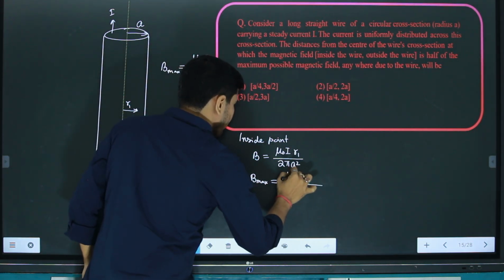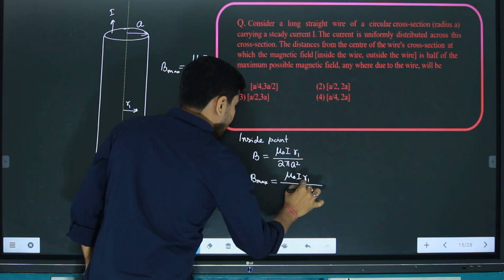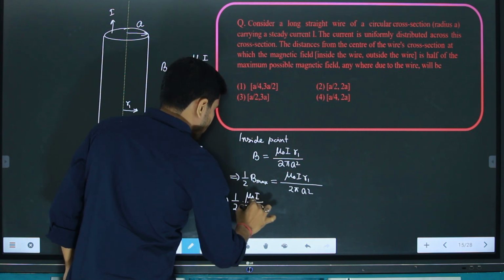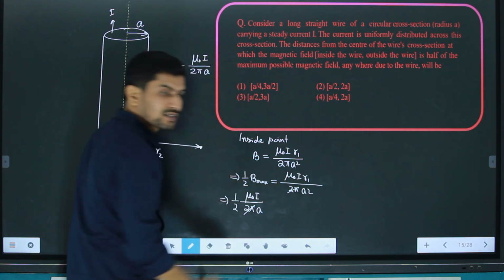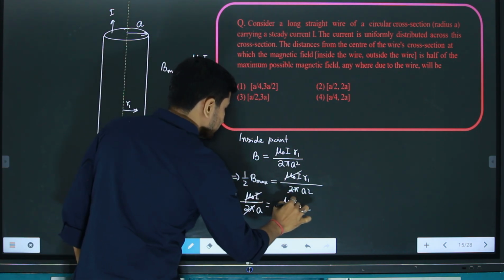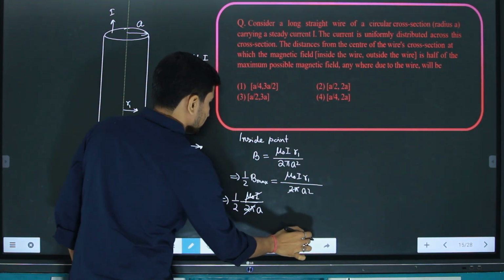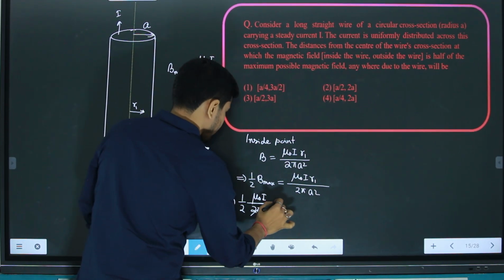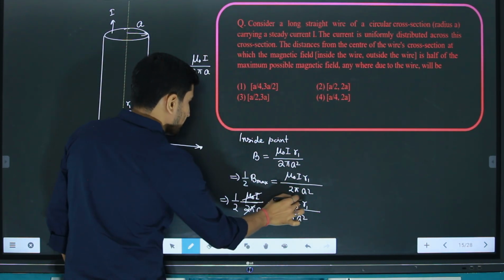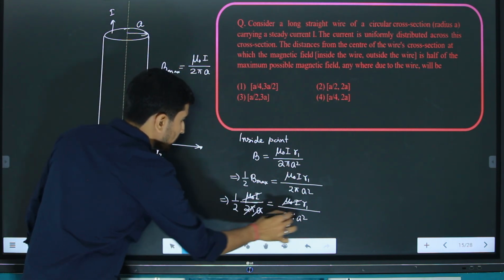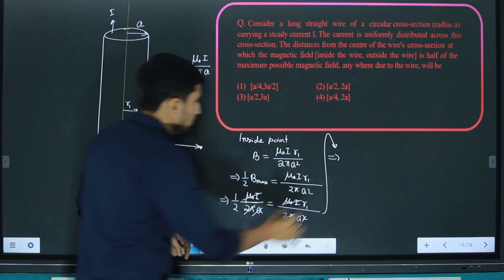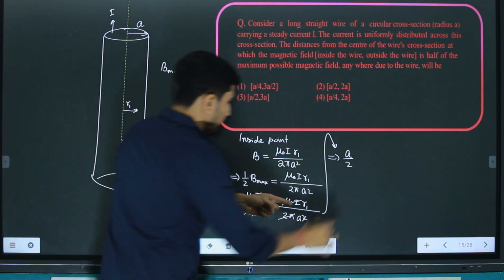Therefore mu naught I r1 divided by 2 pi a square equals half of the maximum magnetic field, mu naught I divided by 2 pi a. 2 pi gets cancelled, mu naught I gets cancelled, and one a gets cancelled, and therefore this a will go there, a divided by 2 equals r1.